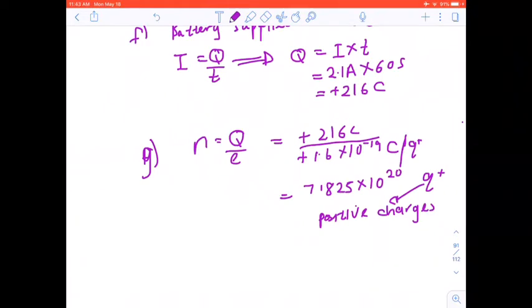Had we dealt with electron current, that would mean the amount of electrons that are leaving the negative terminal of the battery. So that gives you an indication of how many charges are moving from the positive terminal and going through the circuit.